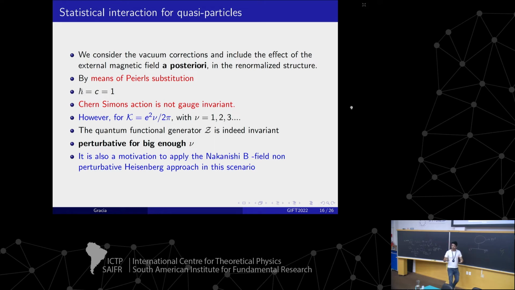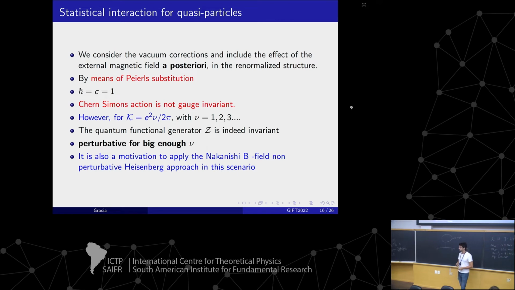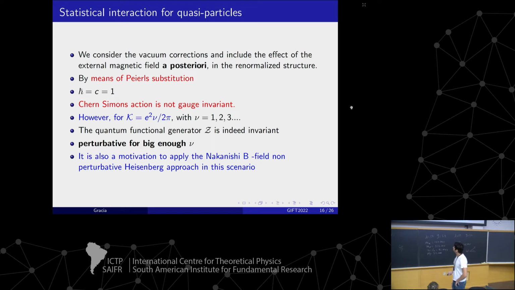This kind of induced self-interaction can be used in technology, in electronics. It's important. Therefore, we are going to show that they have interesting topological structure. First of all, the Chern-Simons action is not gauge invariant.